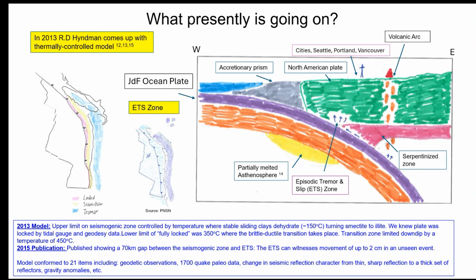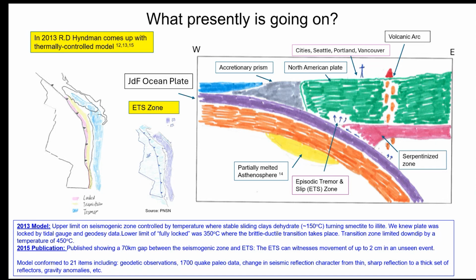The one thing you do see a lot of activity on, especially onshore, is called the episodic tremor and slip section. Basically, because there's a lot of cementation, there's a lot of water going down until it forces a serpentinization. And then at that point, it's forced back up and it causes all these episodic tremors and slip on the onshore part of the segment.